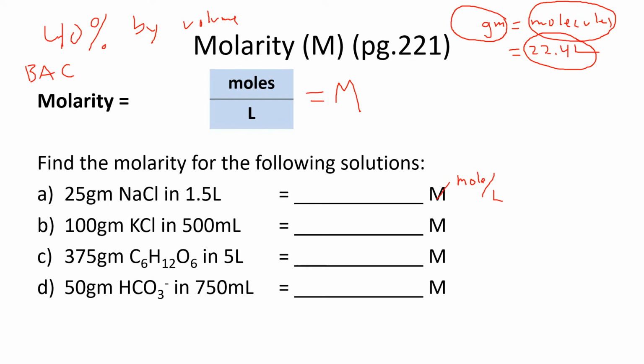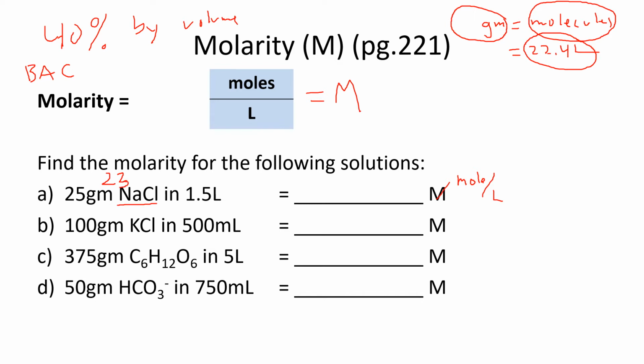All right, so we have 25 grams. First we have to figure out moles. So 1 mole of sodium chloride weighs how much? What's the atomic mass of sodium, Na? 22.98.